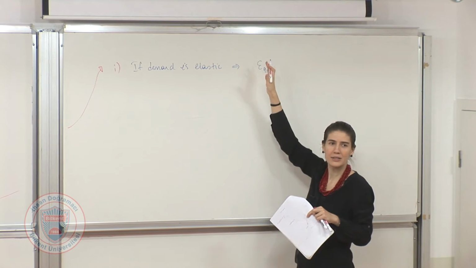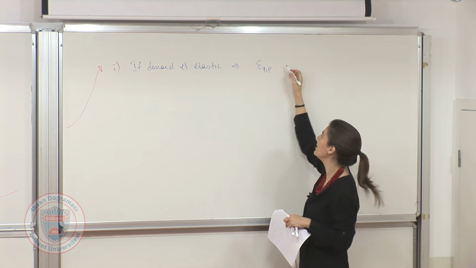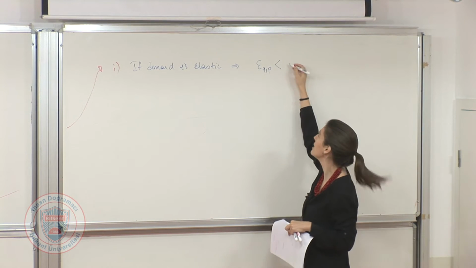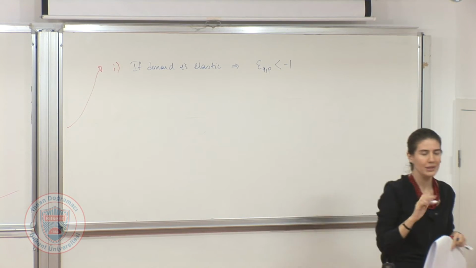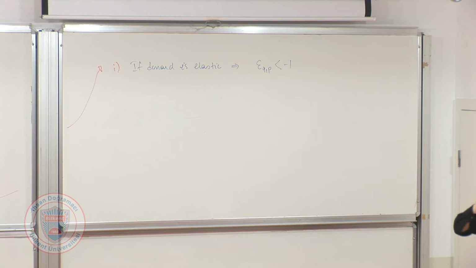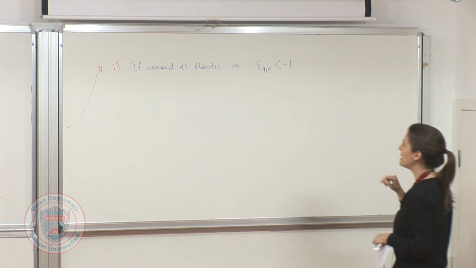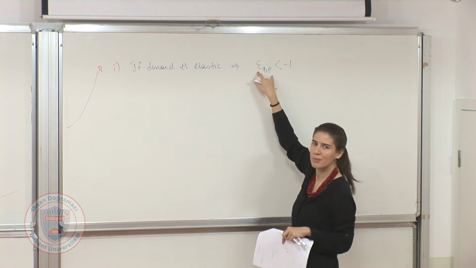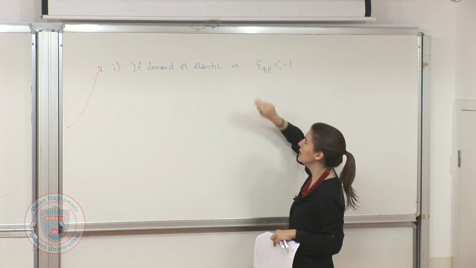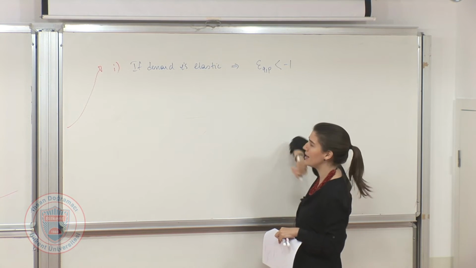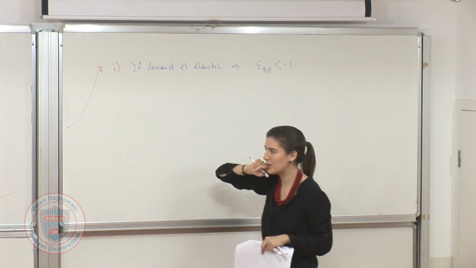It's always negative, we know, except for the Giffen goods, but it should be less than -1. Here, this is not the baby micro, there we mostly used absolute values, but here we want numbers like -2, -3, so this should be less than -1. Okay, then what's going to happen?